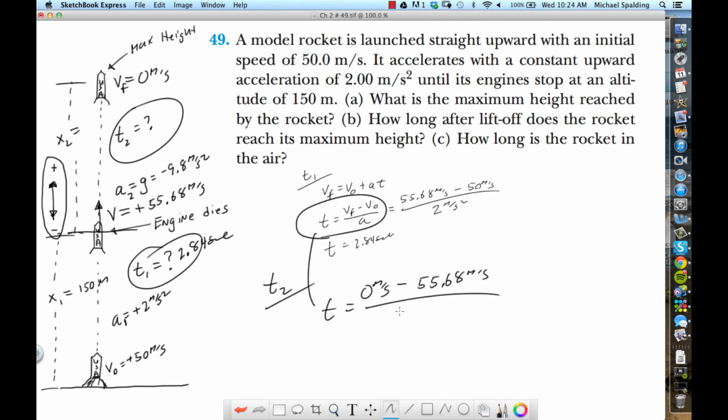What's the acceleration for part 2? Negative 9.8. So what happens to these negatives? They cancel. 55.68 divided by 9.8. So we got 5.68 seconds. So T2 is 5.68.